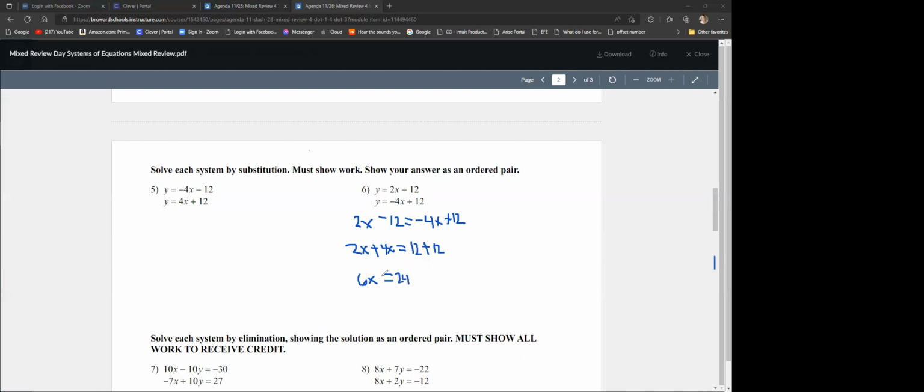Divide both sides by 6. So x equals? What's 24 divided by 6? 4. X equals 4. Okay, write x equals 4.